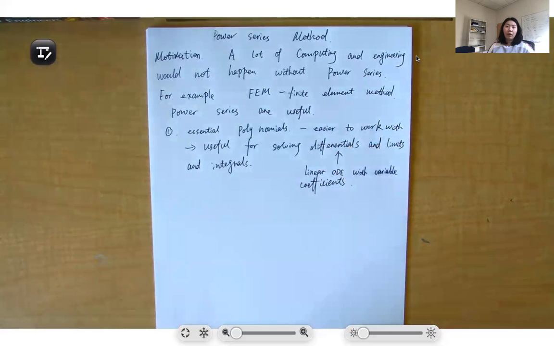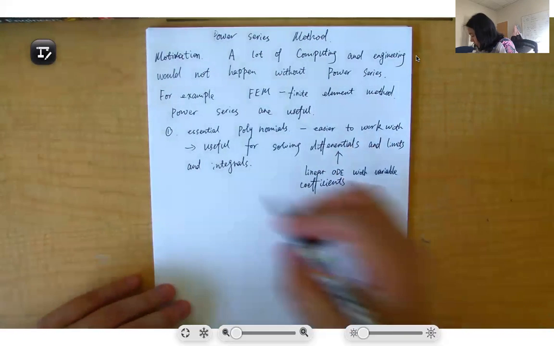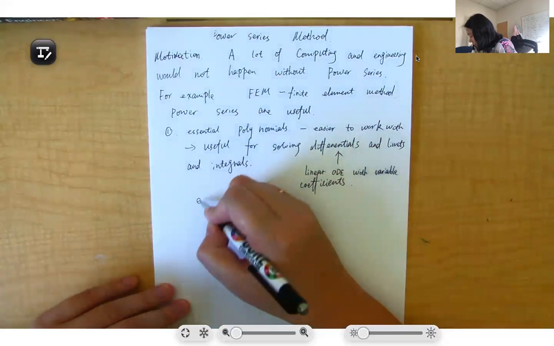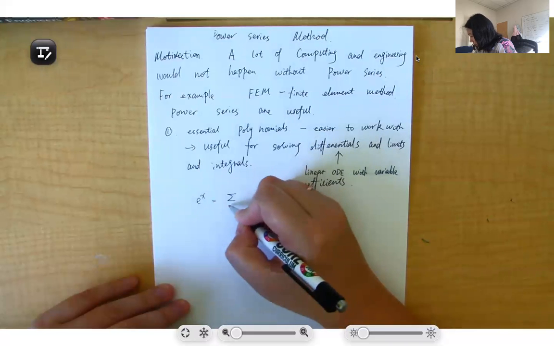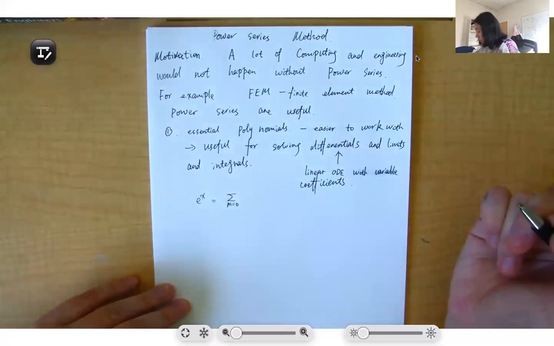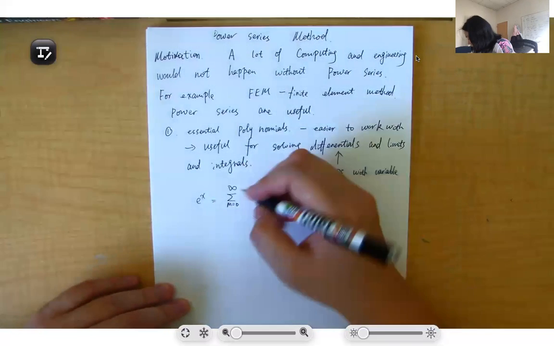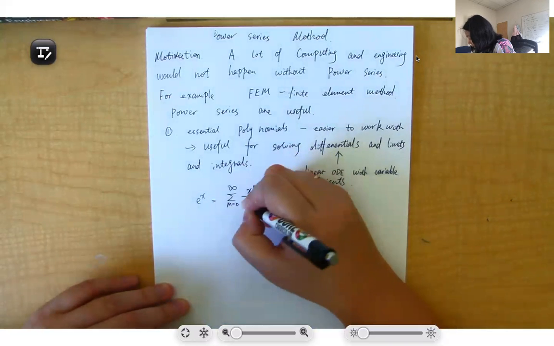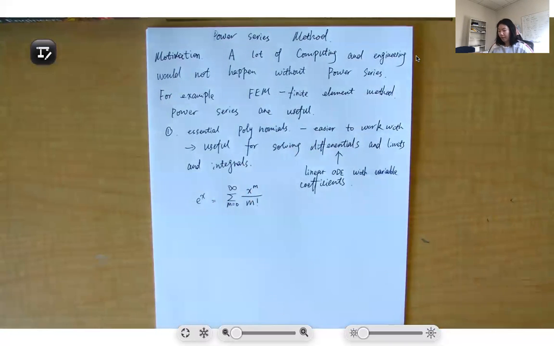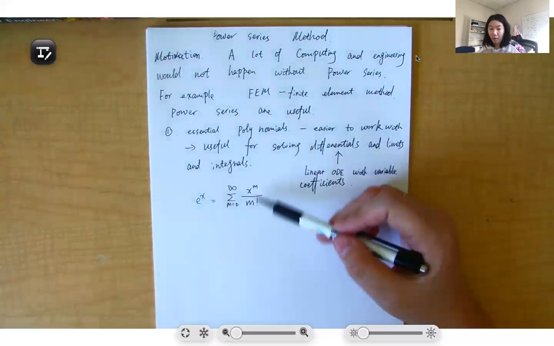And for example, exponential functions can also be presented as power series. For example, e to the x equals the sum from m equals 0 to infinity of x to the m divided by m factorial. That is represented by a power series as well. So this is one type of power series.